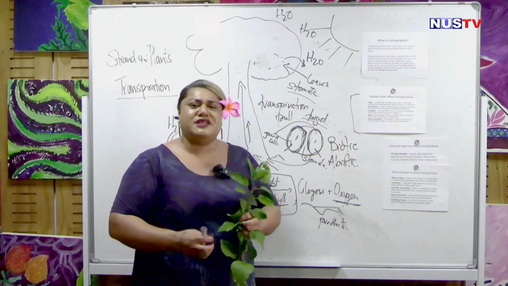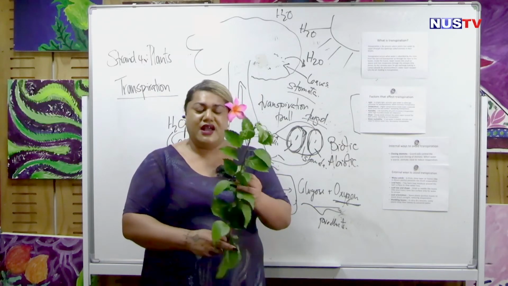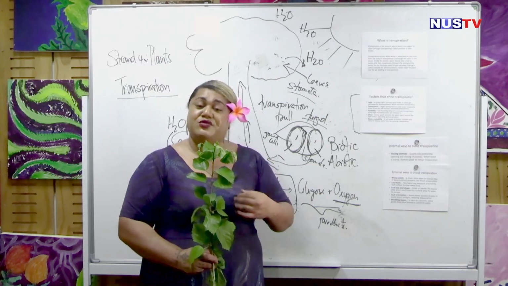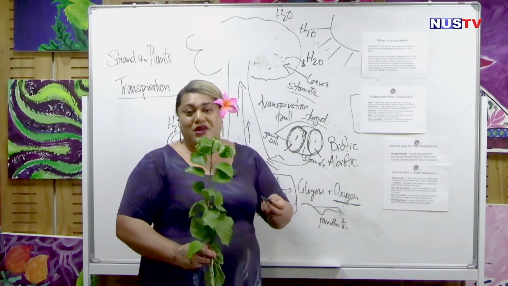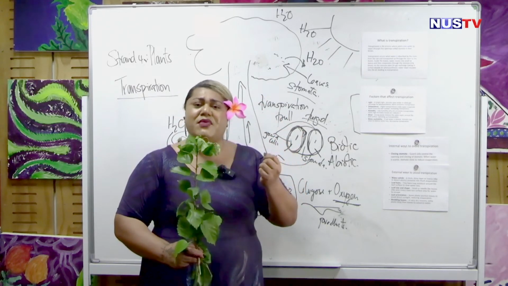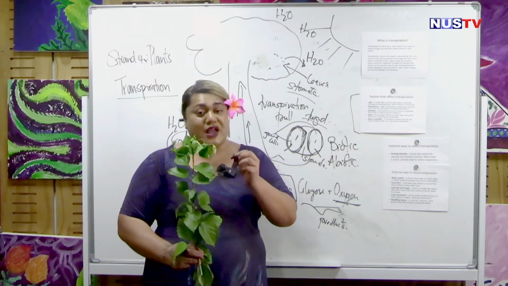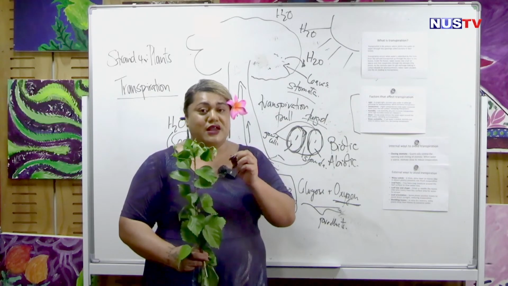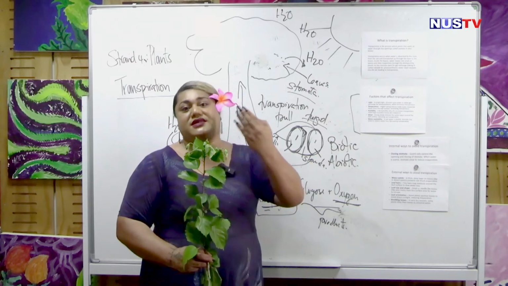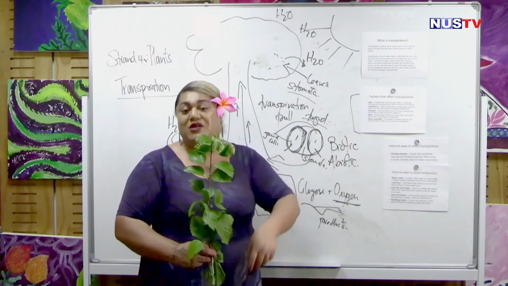Transpiration, or the importance of transpiration, is to cool down the plants. But it also allows the plants to absorb water. Imagine a straw: when you suck the straw, that is water loss, and water is pulled up.